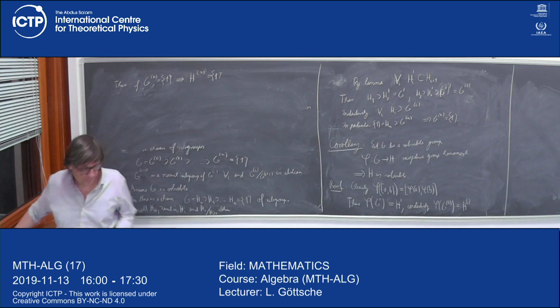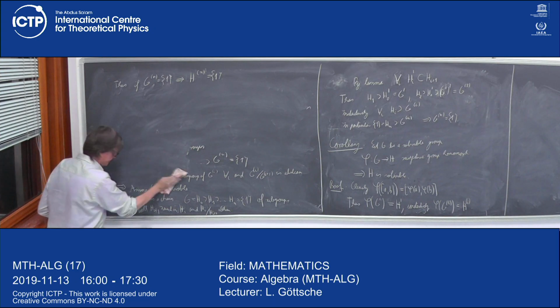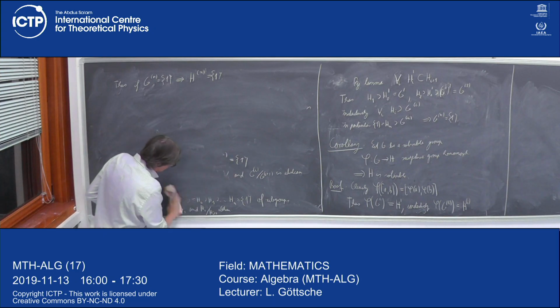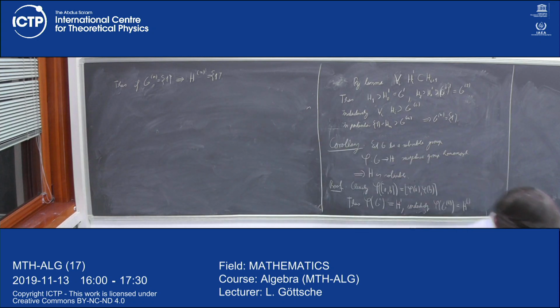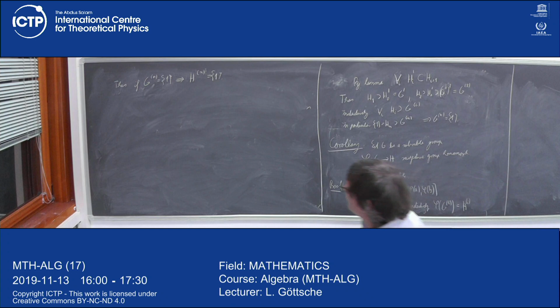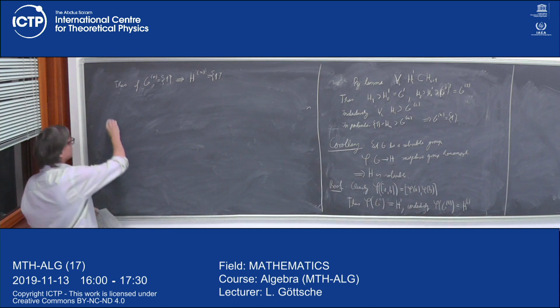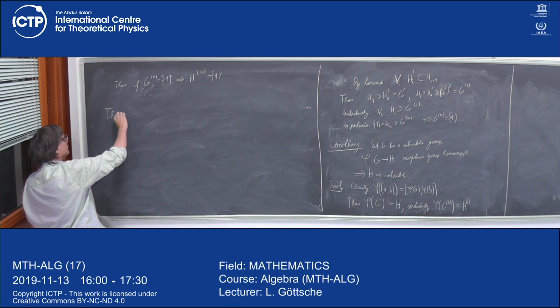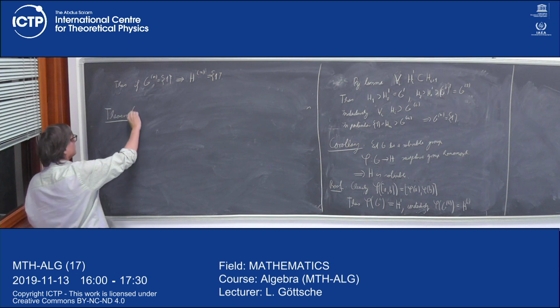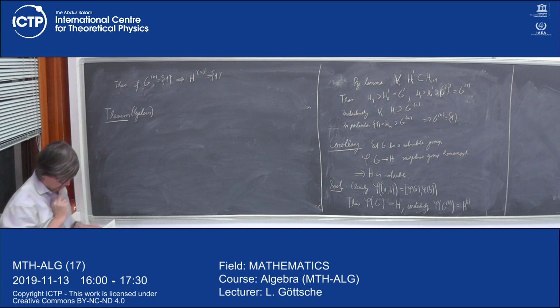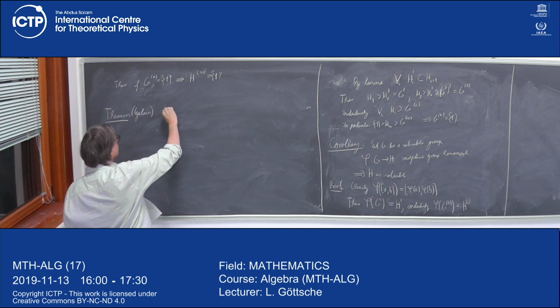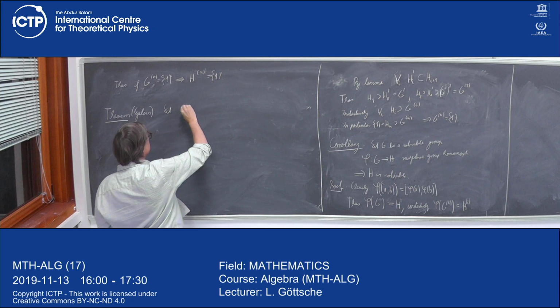So now we want to go back to Galois theory. And so we have the following. The theorem of Galois is, we take K a field of characteristic 0.